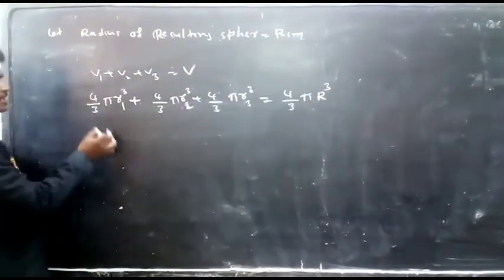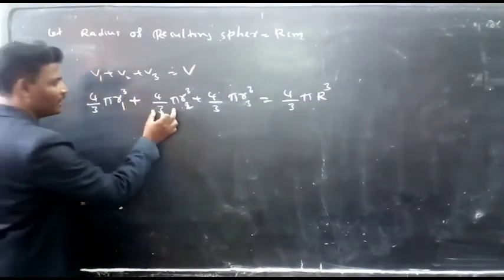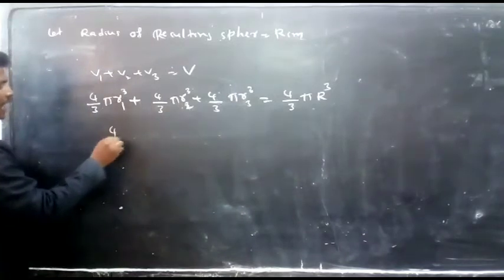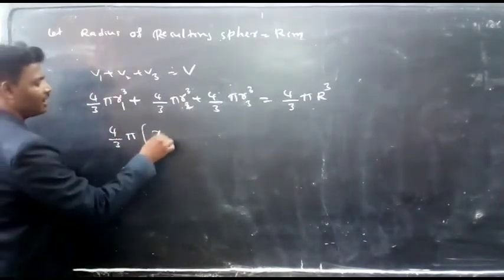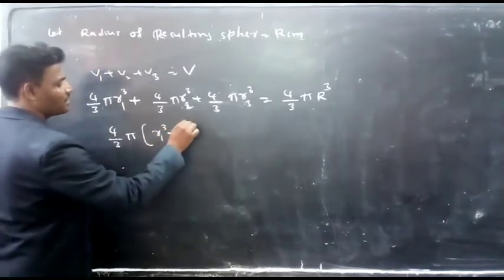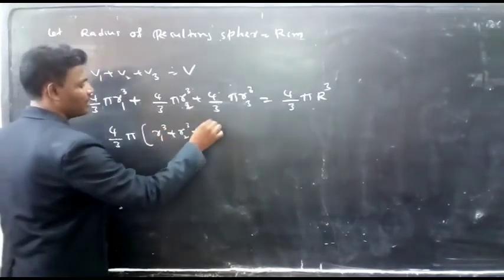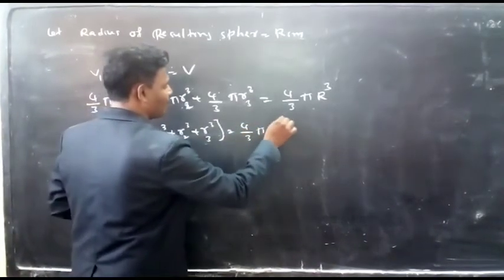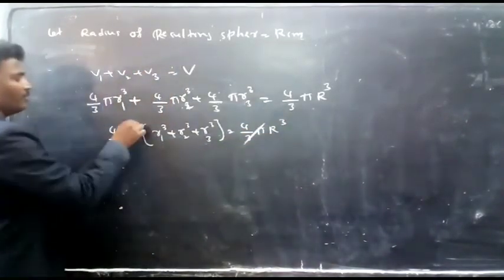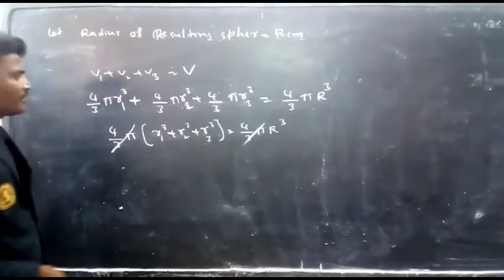What is common here? 4 by 3 pi. Taking 4 by 3 pi as common, what is remaining? R1 cube plus R2 cube plus R3 cube is equal to R cube. 4 by 3 pi and 4 by 3 pi get cancelled.